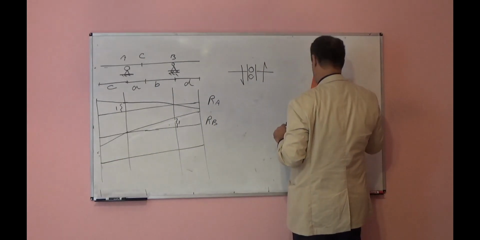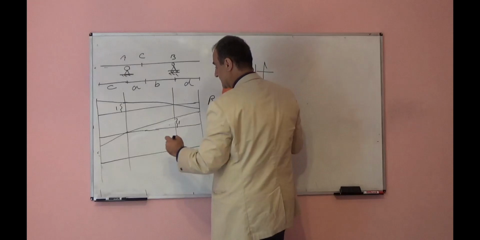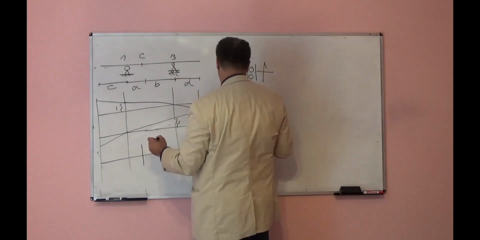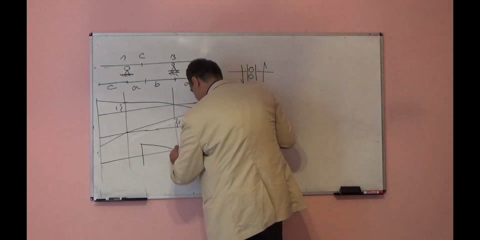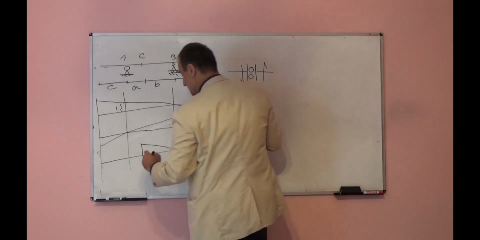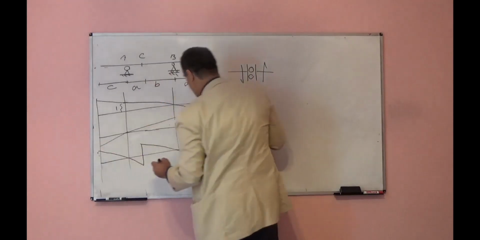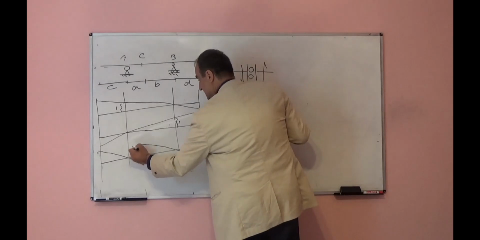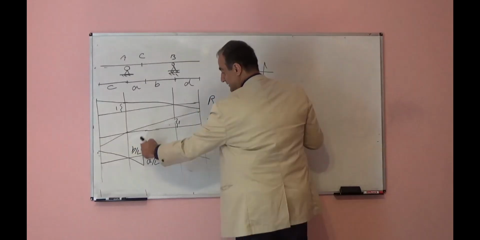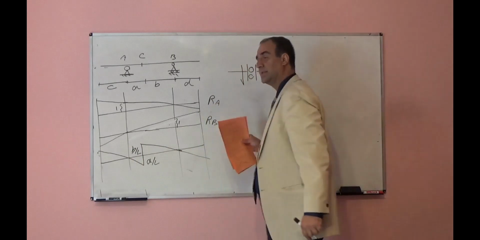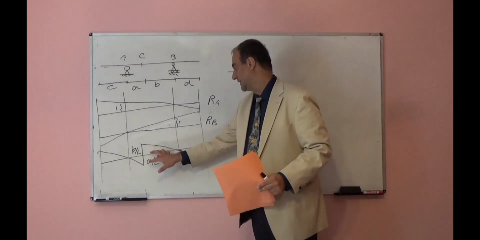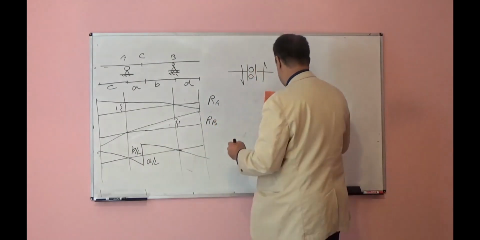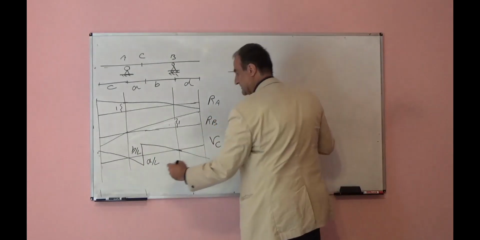If you do that, this part will move down, this part will move up, then this will rotate with respect to support, this will rotate with respect to support, this will be A over L, this will be B over L. These parts should be parallel, and if you add A over L plus B over L, it will be equal to the unit. So this will be shear at C.